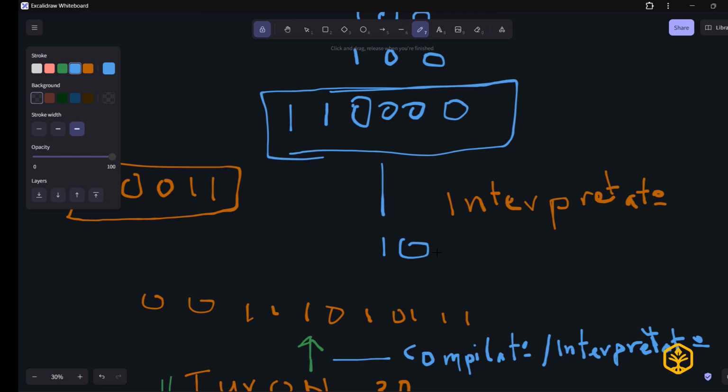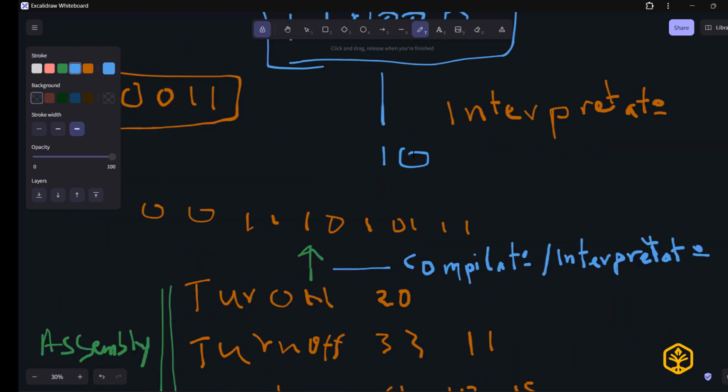Okay, and right here you could see the computer also does the interpretation from the binary form to a human understandable form. Like the final results must be interpreted into something human beings can understand.